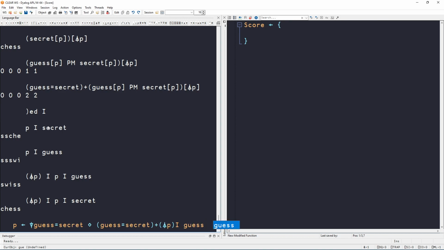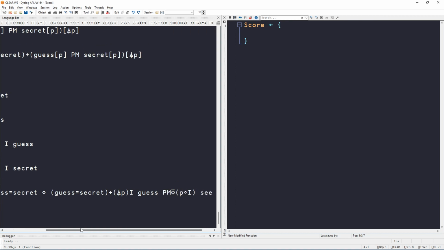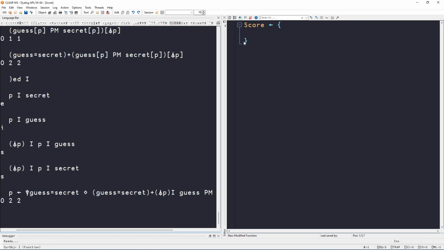the guess progressive membership on the secret, except that when we do progressive membership, first we need to pre-process both arguments, and we pre-process them with what? With the index by I. So this is our solution. Now this is long because the words here are long, but if I write this in the score function, P is the grade down of the direct comparison of the two.